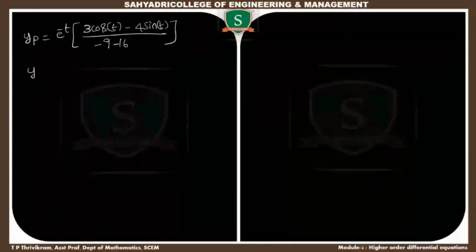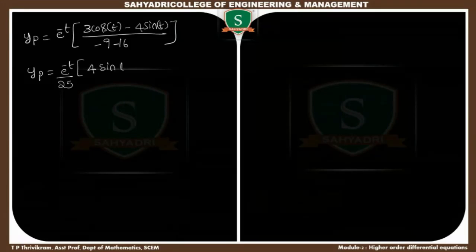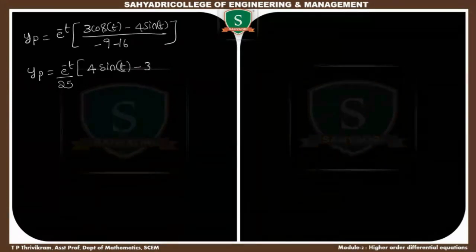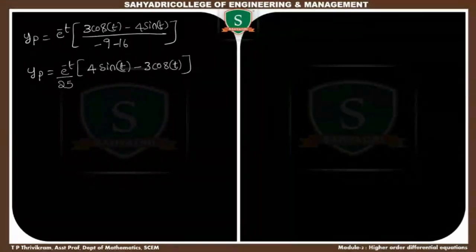So yp is equal to e power minus t into, I can write this as divided by 25 minus, if I take in the numerator, we'll get 4 sin t minus 3 cos t. Now multiply with minus in the numerator. So this is about yp.